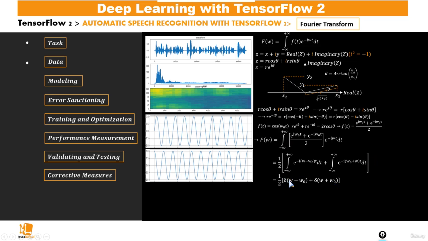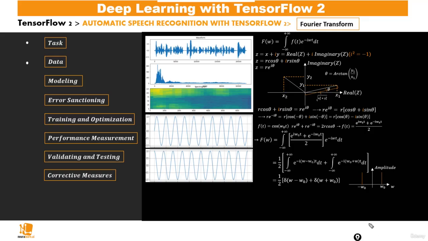Now for the next step, we obtain the Dirac of omega minus omega 0 plus the Dirac of omega plus omega 0, and this can be represented as this. In order to understand how we obtain this from this sum of the two integrals right here, let's go back to the definition of an integral. Suppose we have this axis, then we have this function.